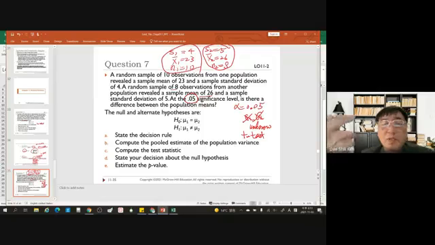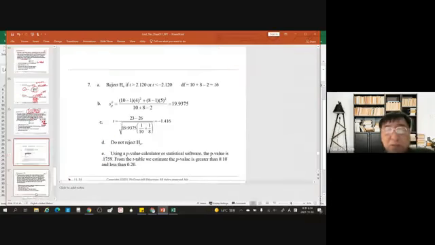There is no specific explanation: a random sample of 10 observations from one, another 8 from another, but no information about equal or unequal variance. So in this case, we need to use the F-test for equality.